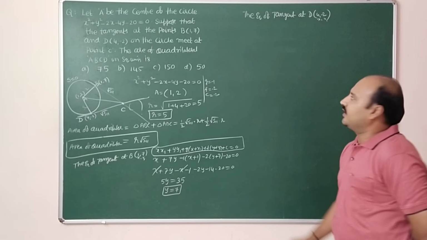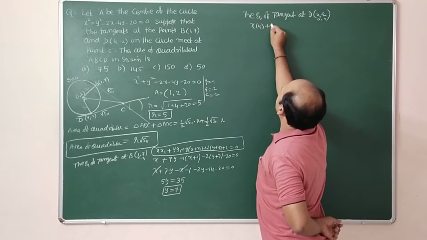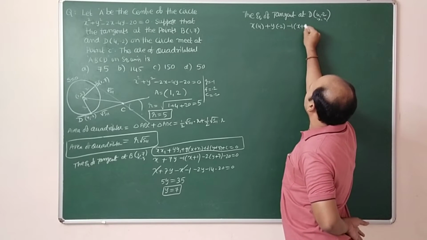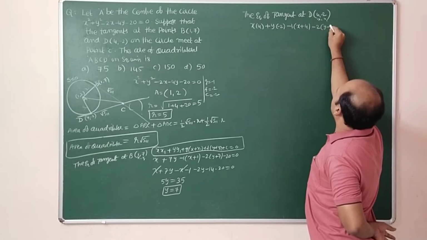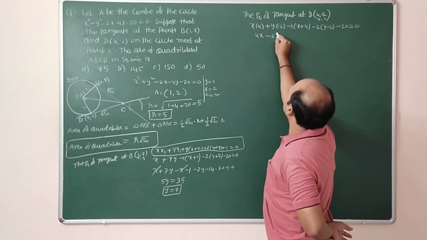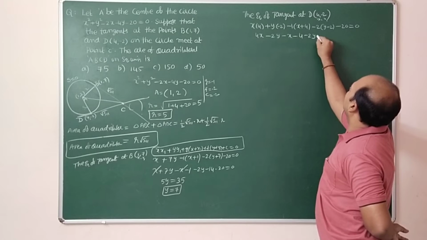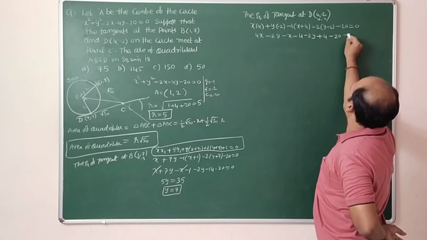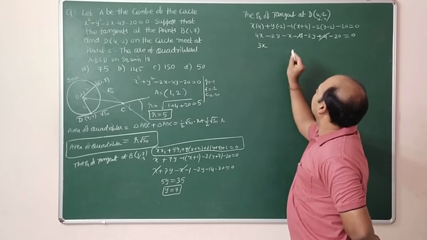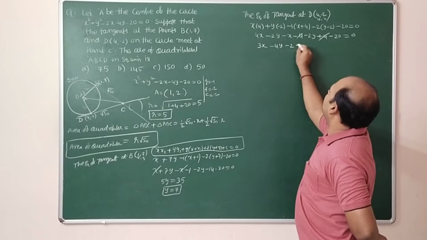S1 equal to 0, you know that already. x into 4 plus y into minus 2, g value minus 1 into x plus 4, minus 2 into y plus minus 2, minus 20 equal to 0. So 4x minus 2y minus x minus 4 minus 2y plus 4 minus 20 equal to 0. Plus 4 minus 4 get cancelled. 4x minus x is 3x, minus 2y minus 2y is minus 4y, minus 20 equal to 0.